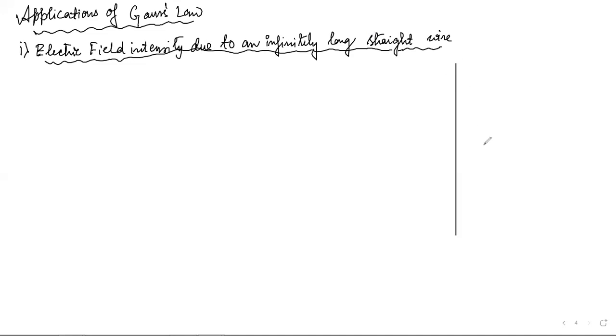And we are supposed to find the electric field intensity, let us say at point P. This is the point where we are supposed to find the electric field intensity. So here the electric field is given by, this is how the electric field is given.